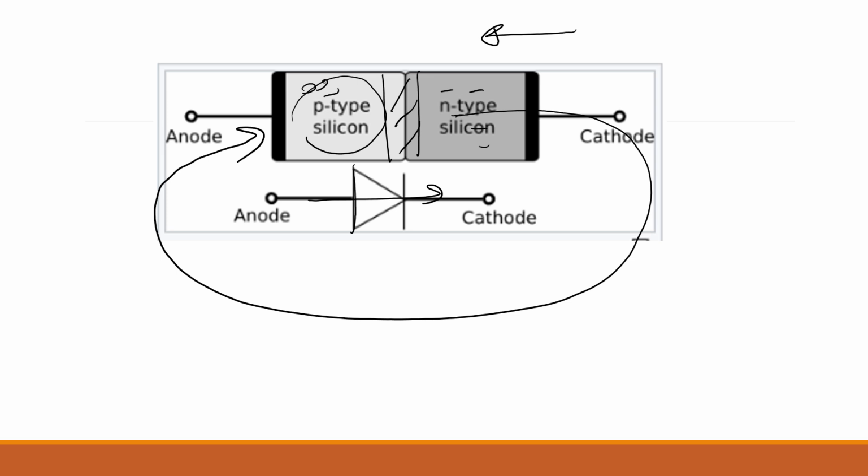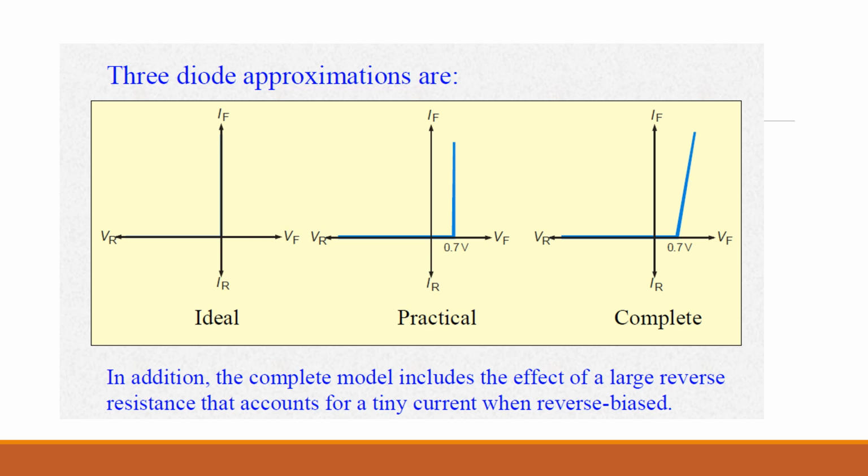Okay, because of the depletion region, I'll show you the ideal condition and the practical condition of a diode. In the ideal condition, we consider there is no depletion region, so there is no voltage drop across the diode. But in the practical situation, if we have a silicon diode, because of the depletion region, there is a 0.7 volt drop, and we consider it as a constant value.